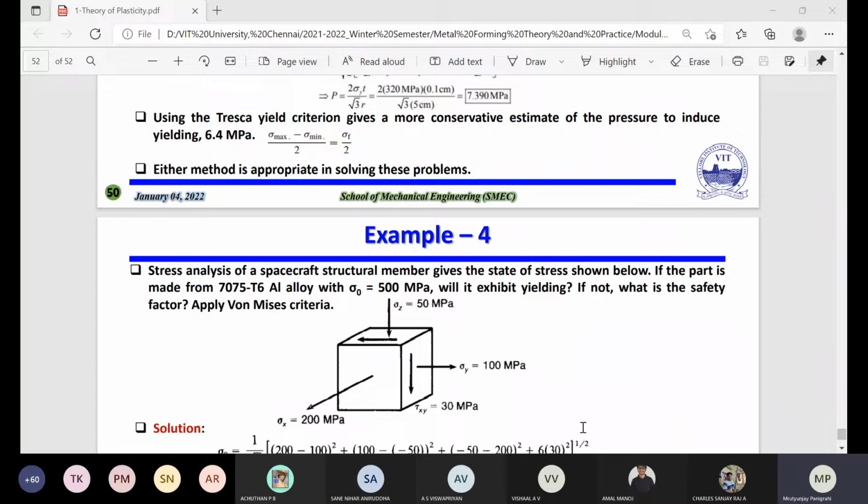Yeah, 224 megapascal. Yeah, fine. And then is it exhibited or not? It is 224, it's fine. And what will be the safety factor? 2.23. Yeah, fine.